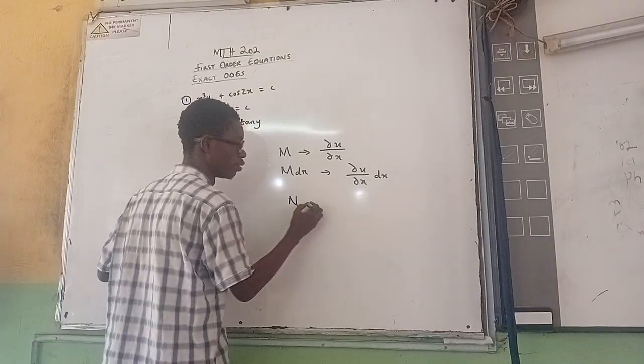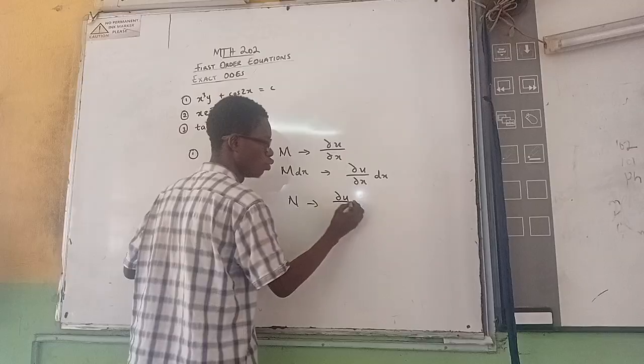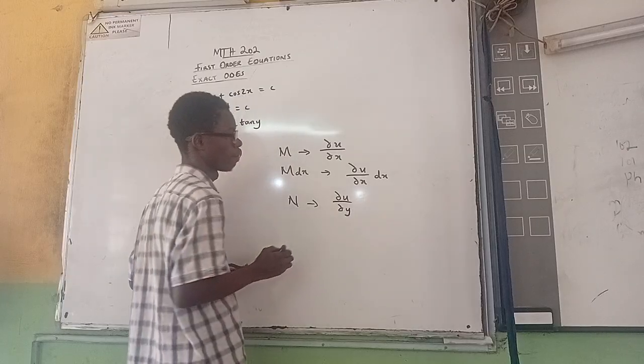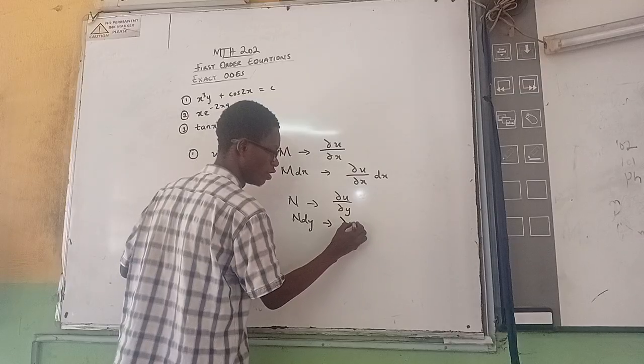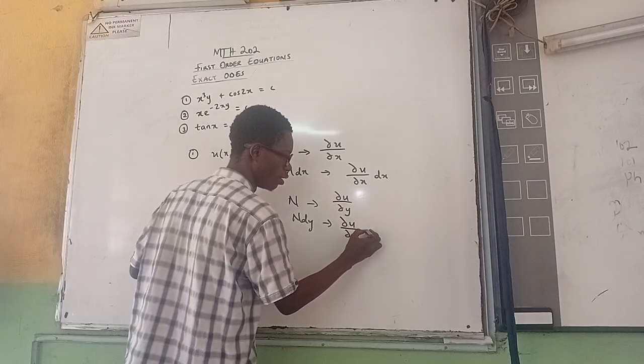N is the partial differentiation of u with respect to y, which means N dy is the partial differential of u with respect to y, dy.